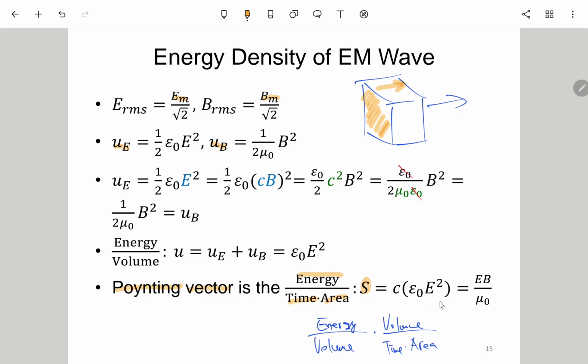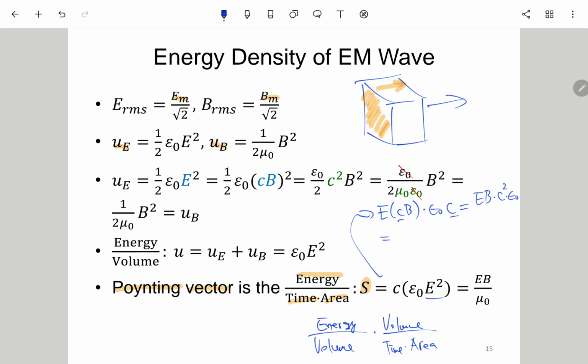And then finally, we can do some simple calculation. First, we can change one of the E into C times B. So it becomes E times C times B, and then times epsilon naught C. Epsilon naught C goes to here, and E becomes C times B. So it becomes E times B, and then altogether we have C squared times epsilon naught.